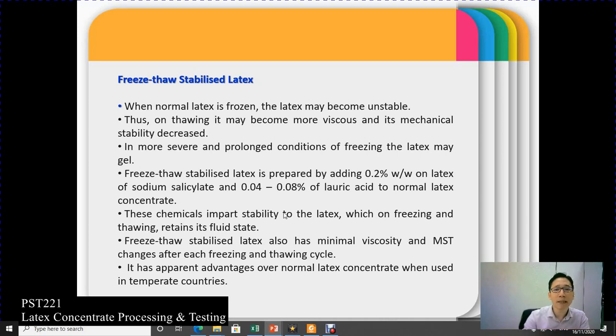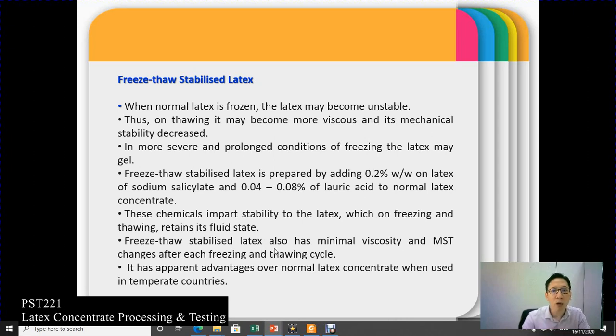These chemicals impart stability to the latex, which on freezing and thawing retains its fluid state. Okay, so basically when you add these chemicals, you improve the stability of latex. When you need to use your latex, you thaw it and it will convert back into a liquid form or its fluid state itself.